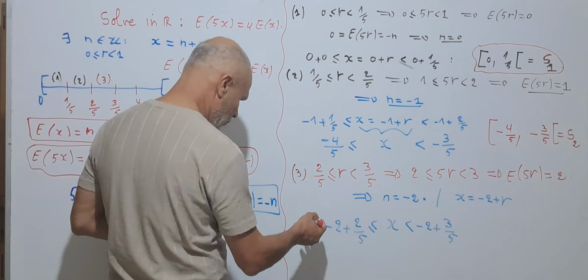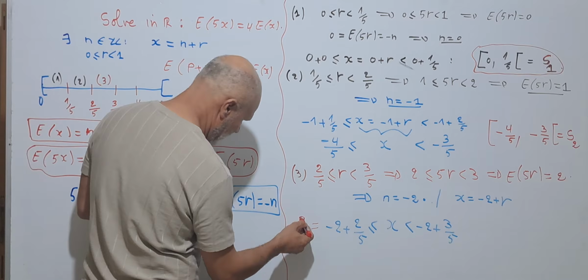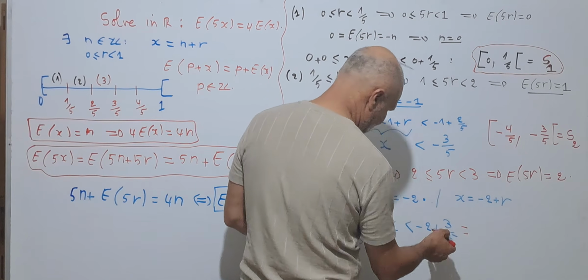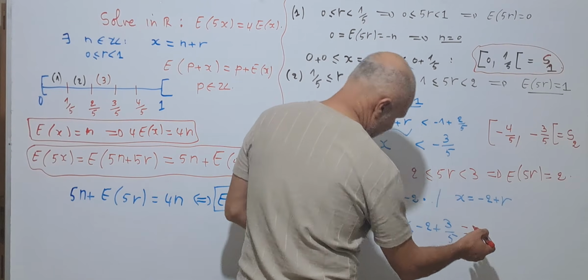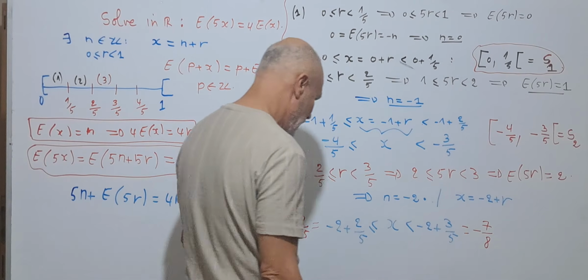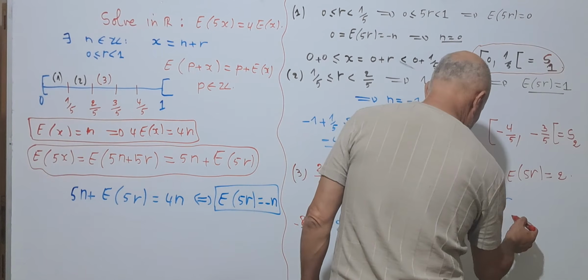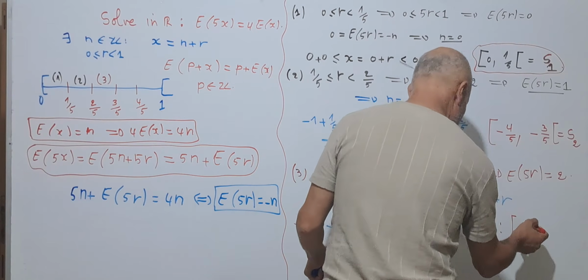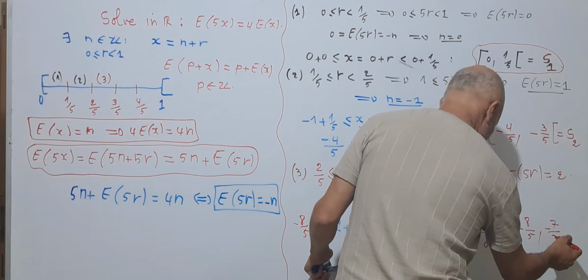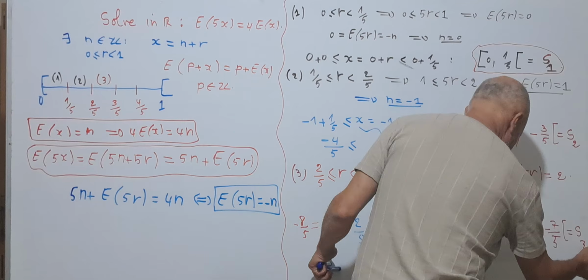From this side, we have minus 10 plus 2, which means minus 8 over 5, and from this side we have minus 10 plus 3, so minus 7 over 5. And here we have the interval of solution: minus 8 over 5 to minus 7 over 5. This is S3.